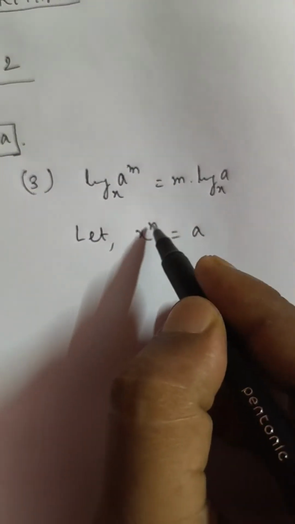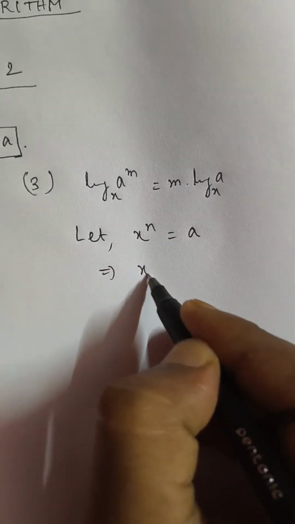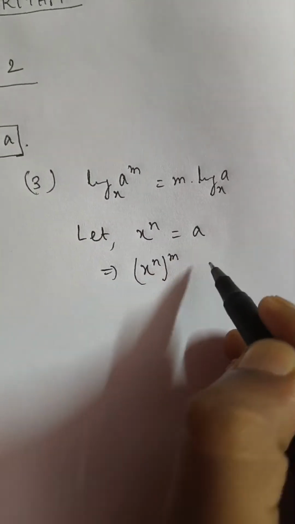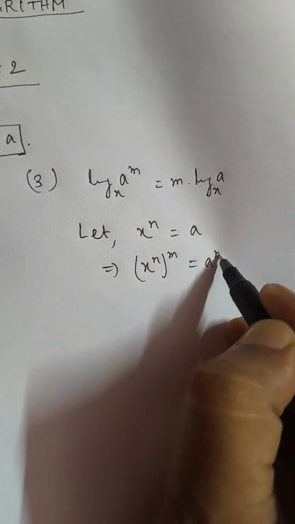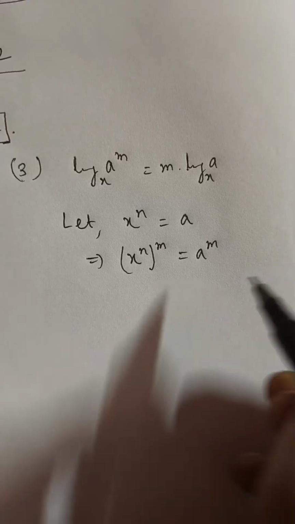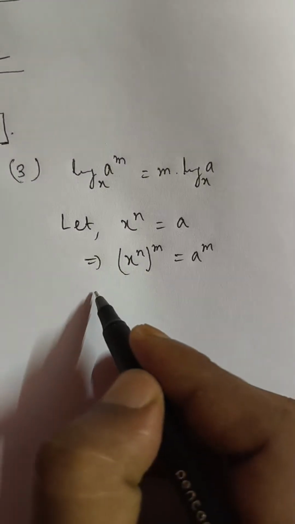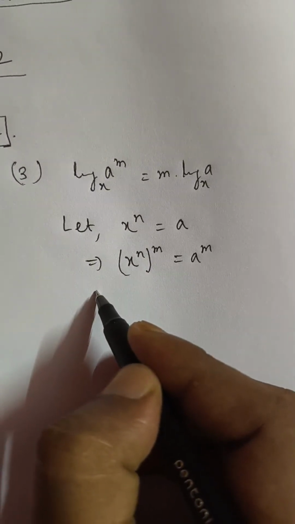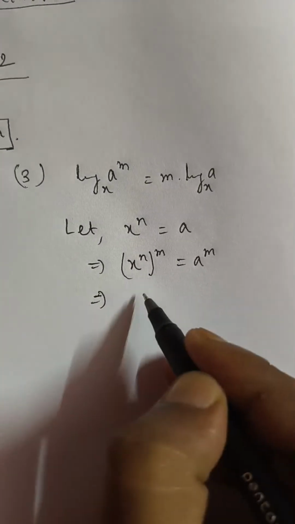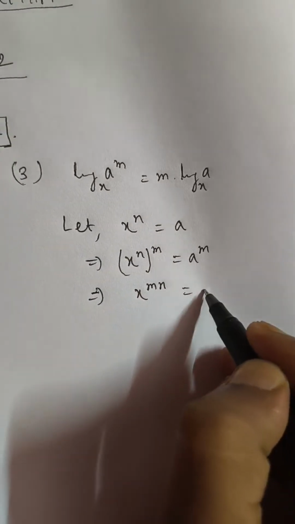Now we will take nth power on both sides, which implies that x to the power m to the power n is equal to a to the power n, which implies that x to the power mn is equal to a to the power n.